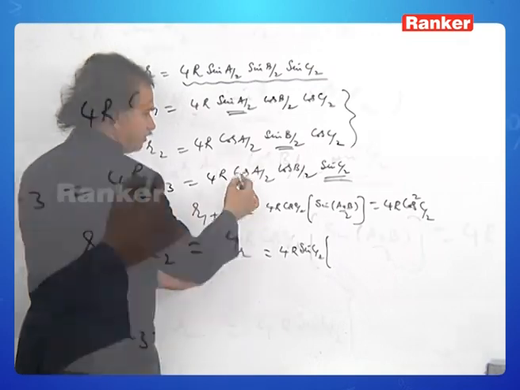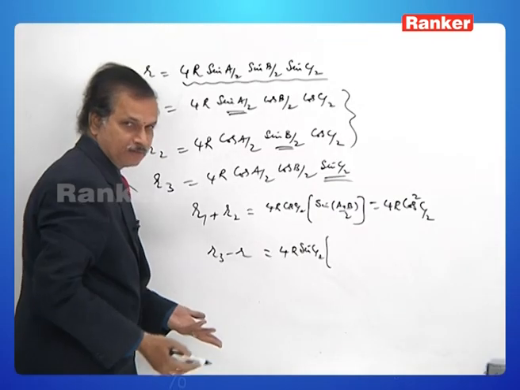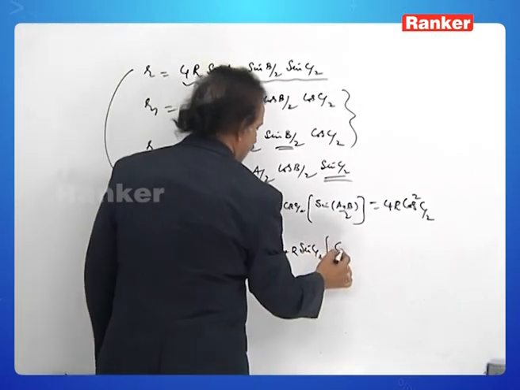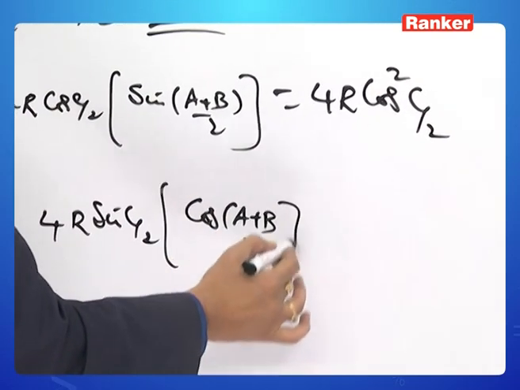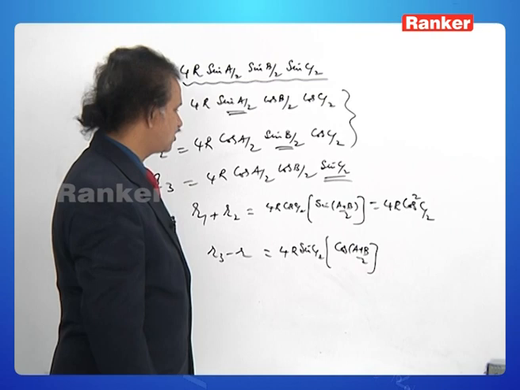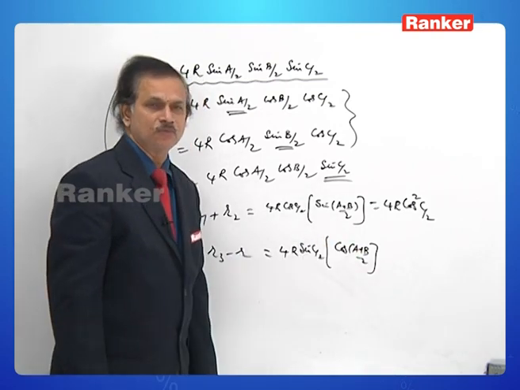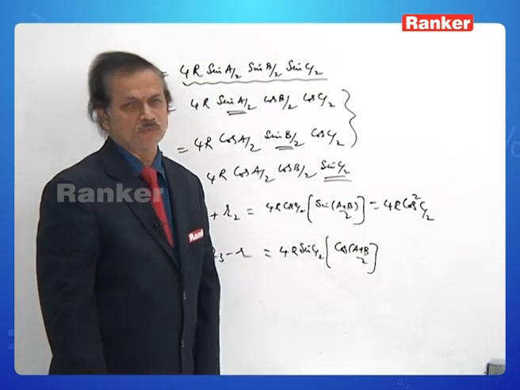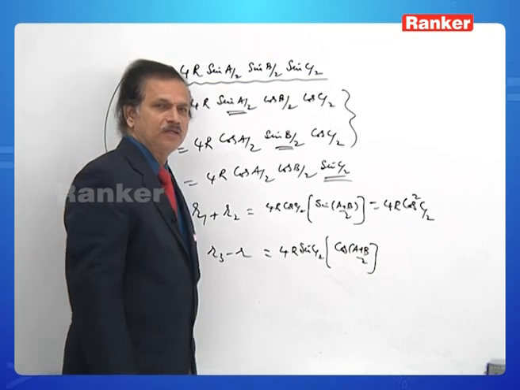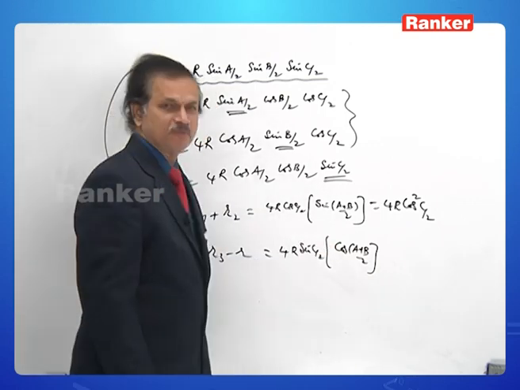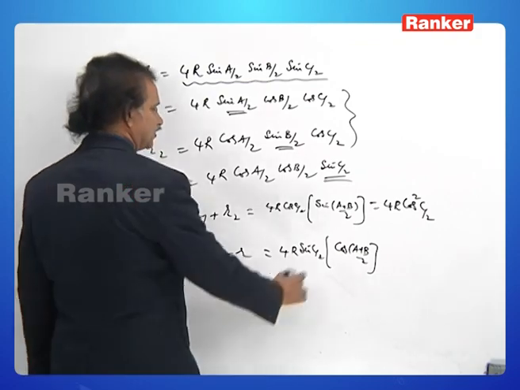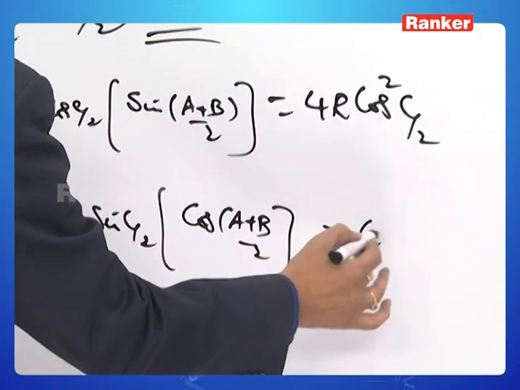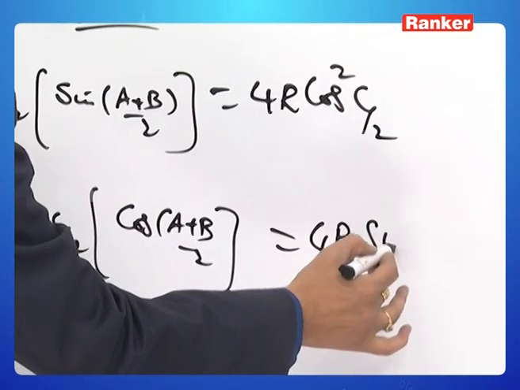What is that? Cos A by 2 cos B by 2 minus sin A by 2 sin B by 2 is nothing but cos of (A plus B) by 2. Just like in the previous case, (A plus B) by 2 and C by 2 are complementary. Therefore, cos (A plus B) by 2 can be replaced by sin C by 2. Good. So, sin C by 2 into sin C by 2 gives 4R sin square C by 2.